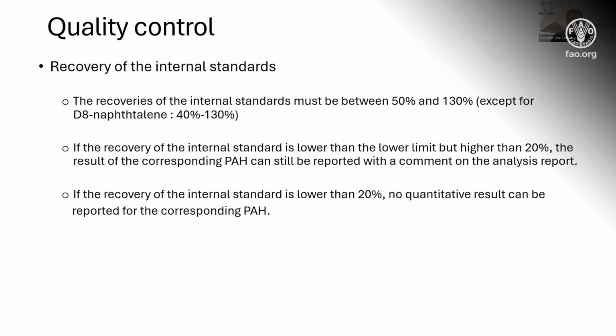If the recovery of the internal standard is lower than this lower limit, so lower than 50 or 40%, but higher than 20%, then we can still report the result with a remark on the report. If the recovery of the internal standard is lower than 20%, no quantitative result can be reported for the corresponding PAHs.